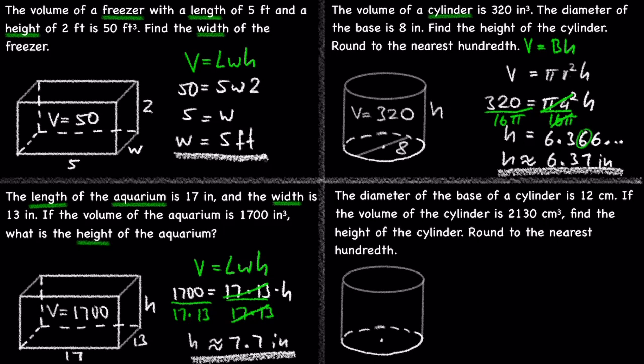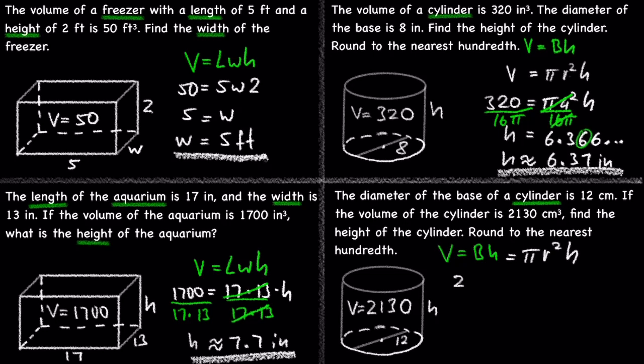The diameter of the base of a cylinder is 12 centimeters. If the volume of the cylinder is 2130 cubic centimeters, find the height of the cylinder. Round to the nearest hundredth. Again, the volume is the base times the height. So we can write pi r squared times h.